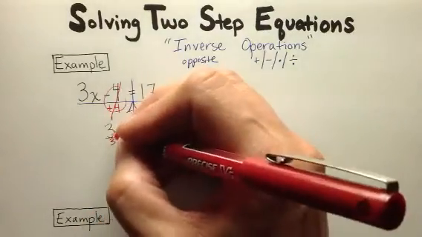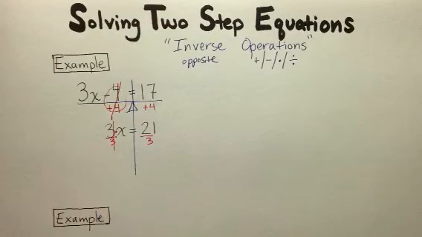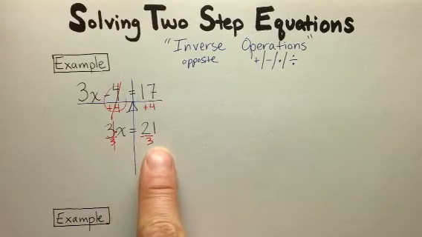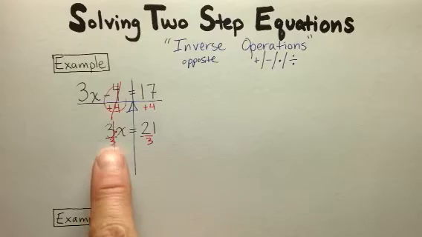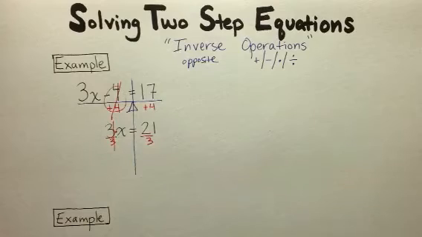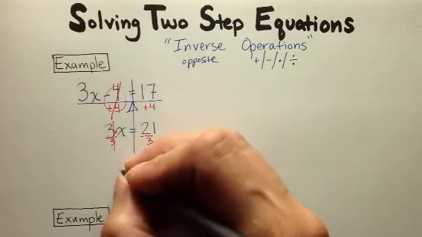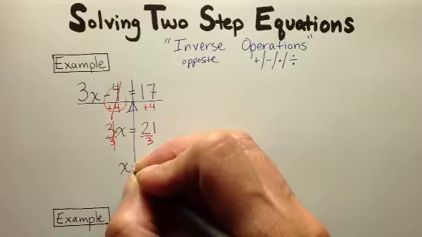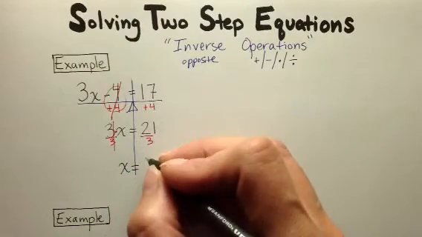So again, I'm using the inverse operation here. I'm using the division property of equality to solve, but I'm dividing, the inverse of multiplication. And this becomes 1. 1 times x is x because of your identity property. So I've got x equals, and 21 divided by 3 is 7.